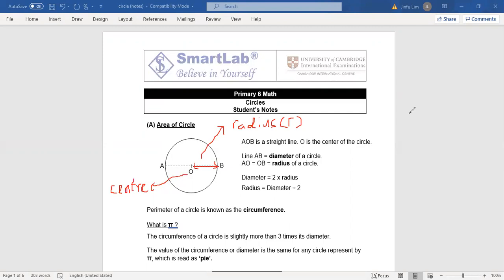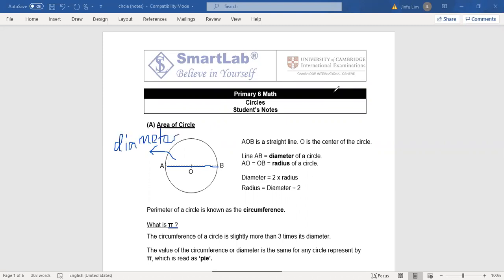For the distance from A to B, this line over here that is colored in blue, this line that passes through the center O is known as the diameter.